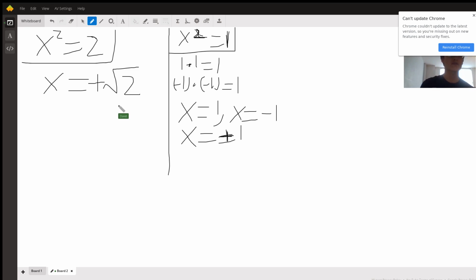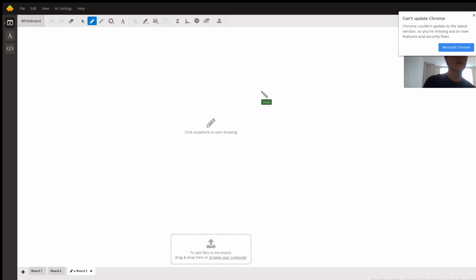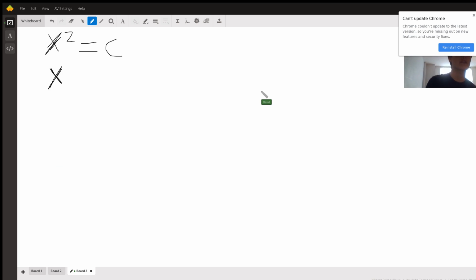So x equals plus or minus square root of 2 is the full solution to x squared equals 2. In general, if you have any quadratic equation of the form x squared equals c, the solution is going to look like this. X equals plus or minus the square root of c.